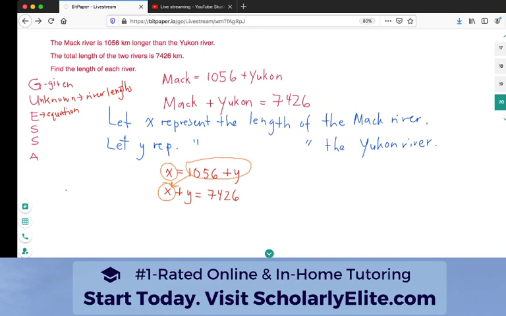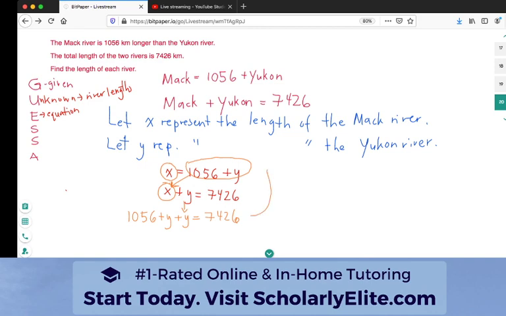Simple as pie. You're literally just going to take this 1056 plus y, and then this plus y stays where it is, and that equals 7,426. All right, simple enough in theory.